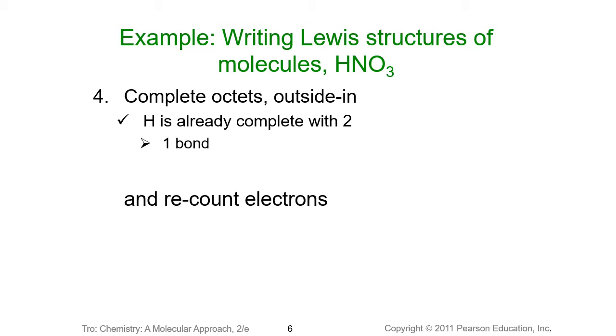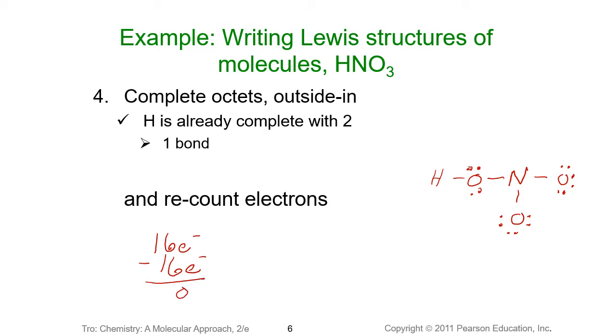So now we want to complete the octets for our outside elements. We know that we have 16 electrons left, so we want to make sure that we fill up our oxygens. That uses all 16 electrons that we had.